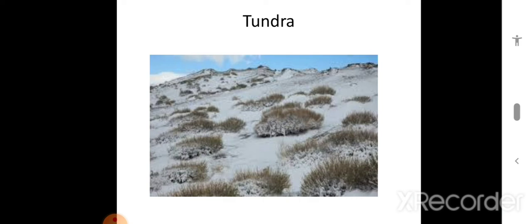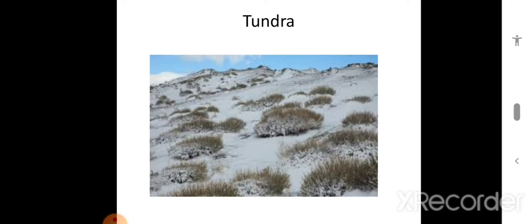The Arctic belt and the high reaches of mountains, that is, above the tree line, have this vegetation. The tree line means the edge of the trees, so in the Arctic belt and the high ranges of mountains we can see tundra vegetation.